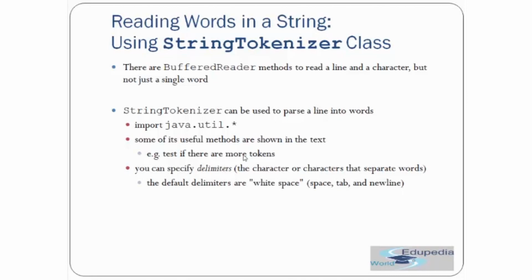That can be white space, comma, new line, etc. The default delimiters are white spaces, tab, and new lines. You can specify which delimiter you want to separate on. Maybe you want to tokenize your words on the basis of comma, then you can specify that in StringTokenizer.